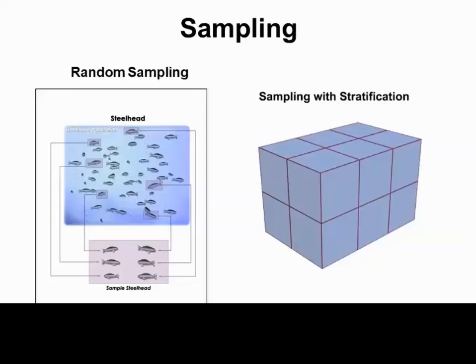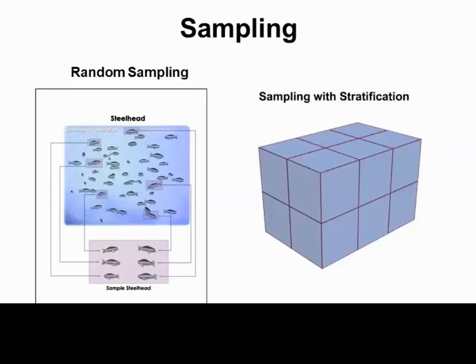There are lots of other sampling strategies which we don't have time to get into here. One idea is to sample with stratification, where we identify strata in the data. It could just be physical location, like in a lot. We don't want to sample everything from one location. We want to divide this into areas and sample randomly but from different strata.